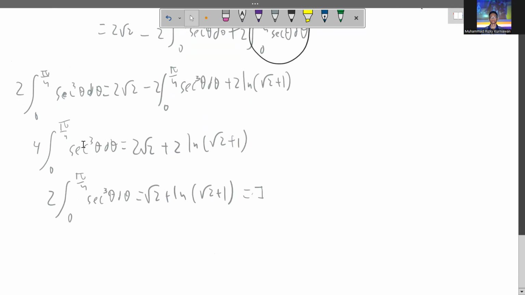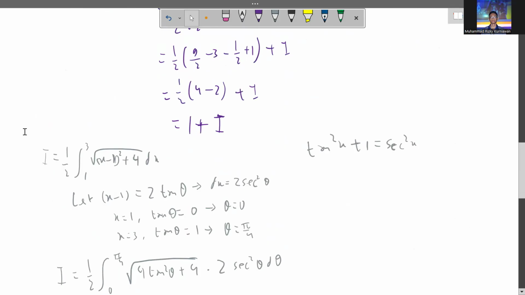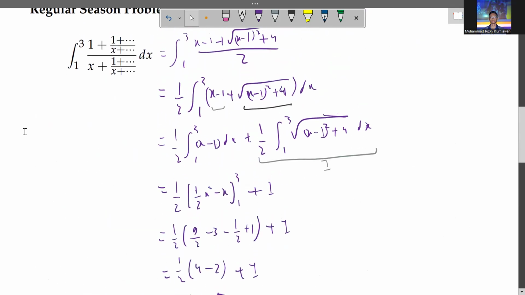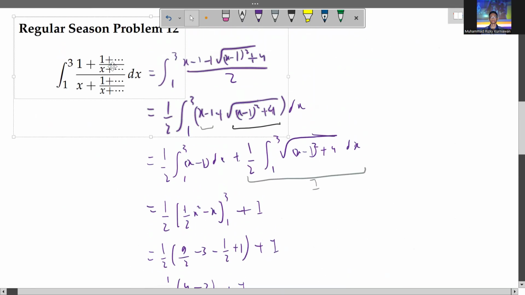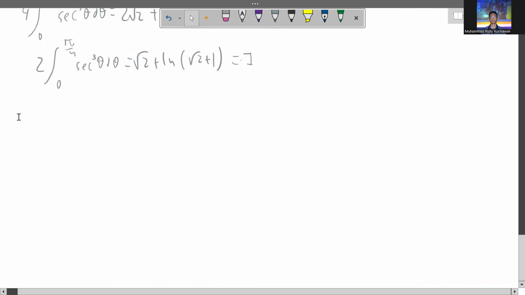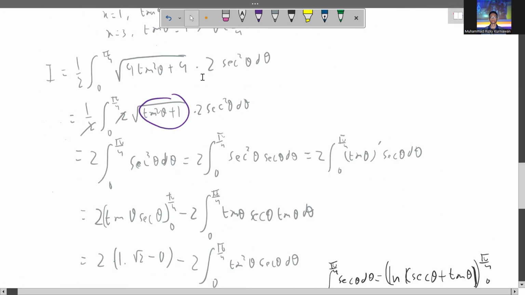So if we assemble the results from the first and second parts of this integral, we get that the result of this integral here is a combination of 1 and I. So if we re- oh wait, hold on, that's not 1, is it?